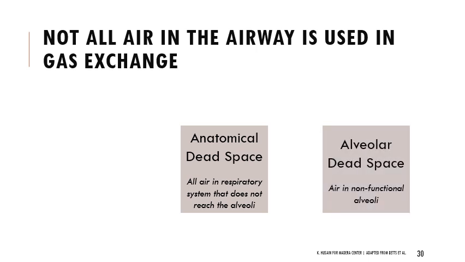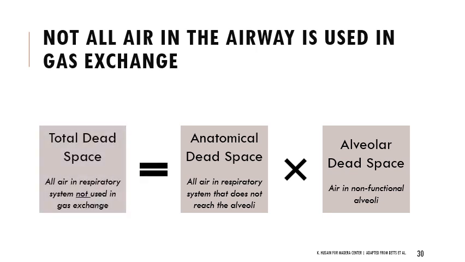There's also that alveolar dead space, so that's air that's in non-functional alveoli. So maybe alveoli that are diseased, where they're not participating actively in gas exchange. And when you add these together, you get the total dead space. So that's all the air in the respiratory system that is not used in gas exchange.